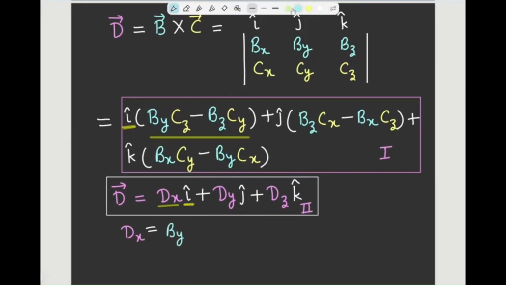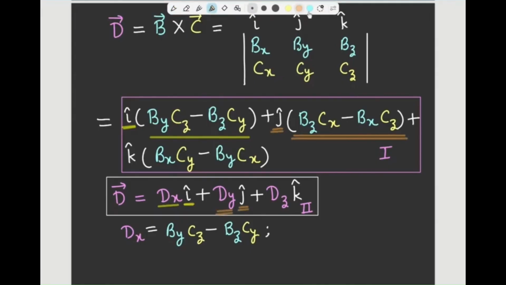We're going to set the coefficient of the unit vector i hat in equation 1 equal to the coefficient of the unit vector i hat in equation 2. That gives us dx equal to by cz minus bz cy.